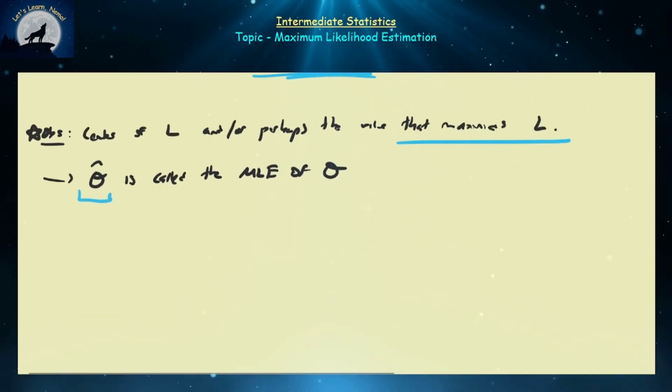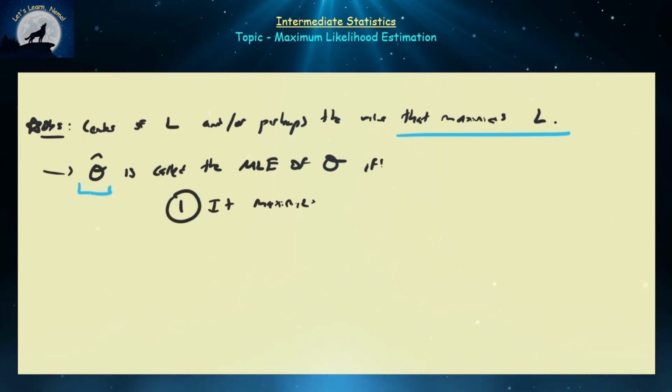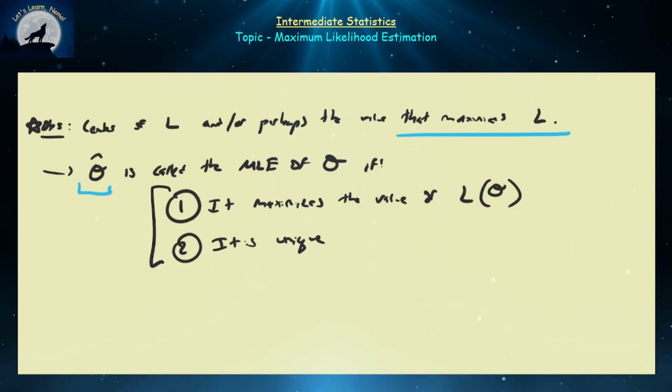Theta hat is called the MLE of theta if it satisfies two properties. One, it maximizes the value of the likelihood function for that parameter, and two, it is unique. That is, it has a unique maximum.